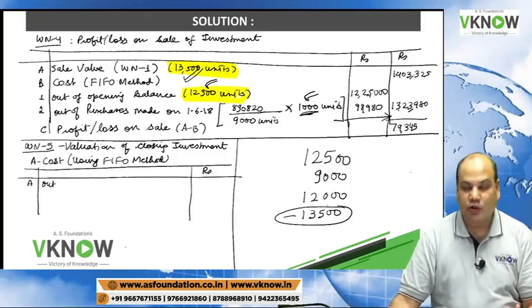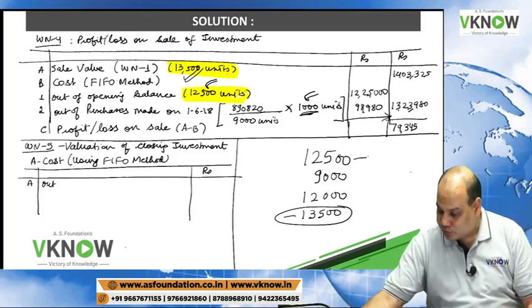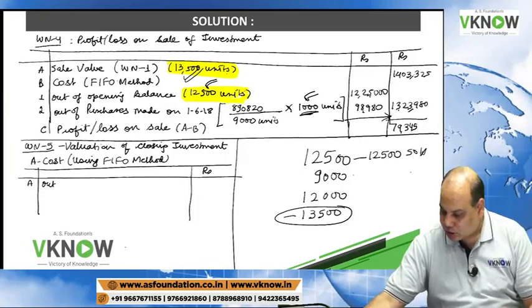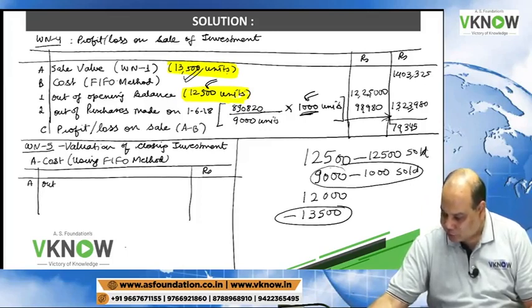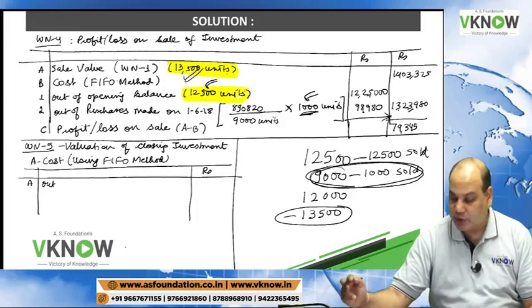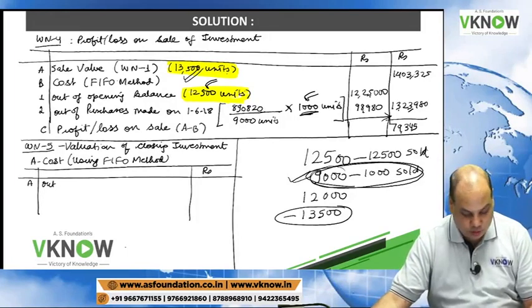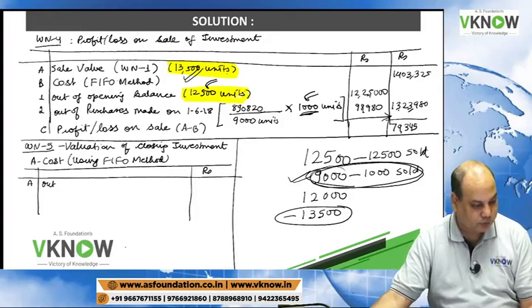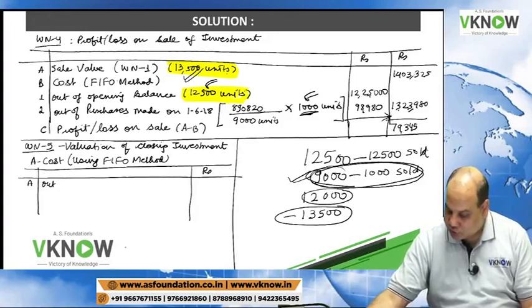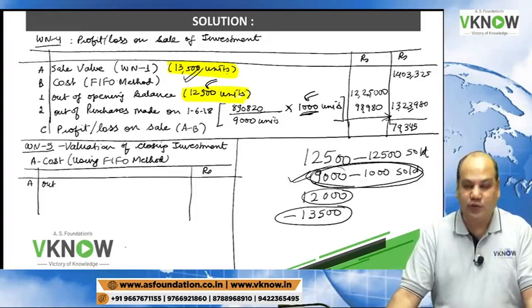This is what is given to us. So we will assume this 12,500 has been sold. Out of this 9,000, 1,000 has been sold. So what is remaining is 8,000 out of the purchases made on 1st of June, and this 12,000 is fully lying with us.